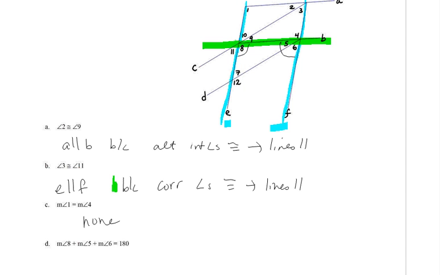So we can say with confidence that E is parallel to F because same side interior angles are supplementary, which proves that lines are parallel.